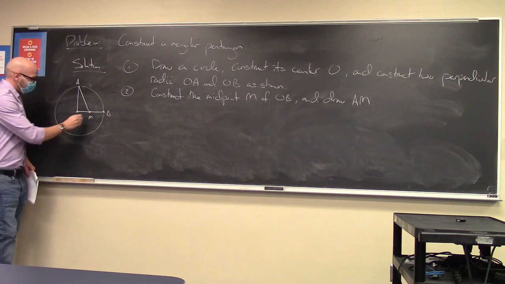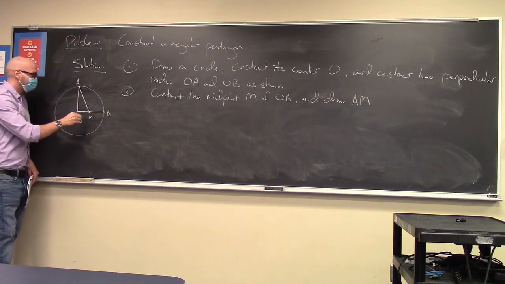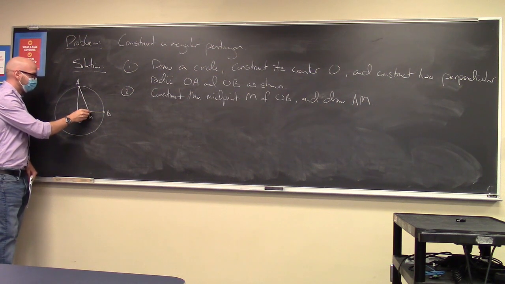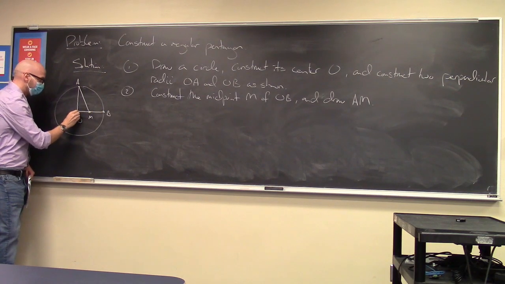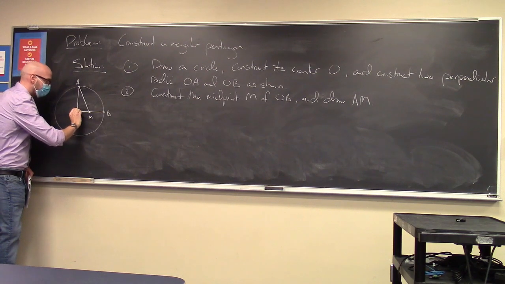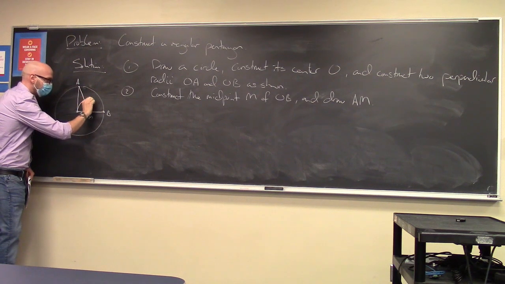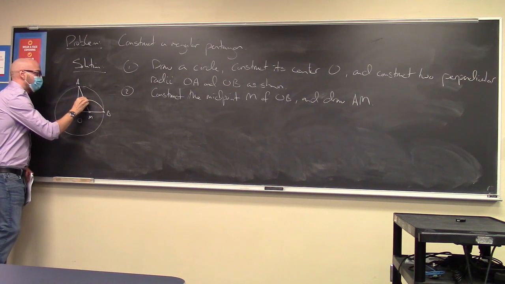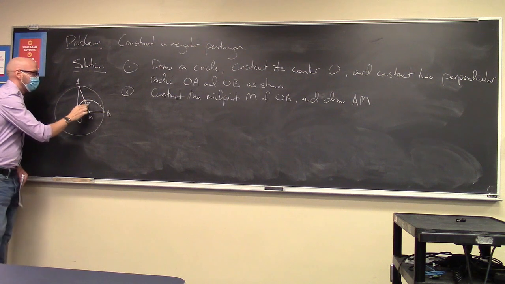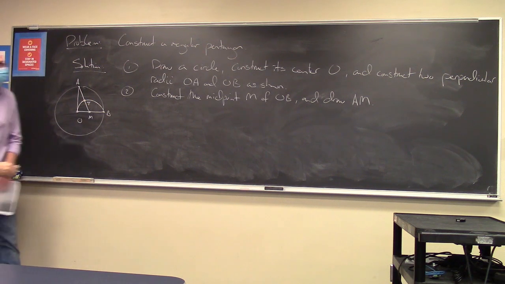All right, next up, come into M, and we'll draw a circle centered at M, passing through O, which of course means it also passes through B. So I'll just draw the upper half of it, we don't need the whole thing. So we'll draw the circle centered at M, passing through O, and it's going to intersect AM at T.